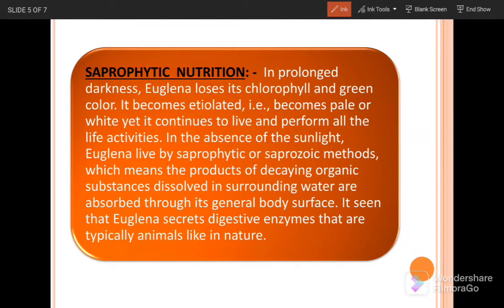For the breakdown of that food, digestive enzymes will be required. So Euglena secretes digestive enzymes that are typically animal-like in nature. How? As an animal takes its food, it enters from the mouth to the esophagus, then the stomach.